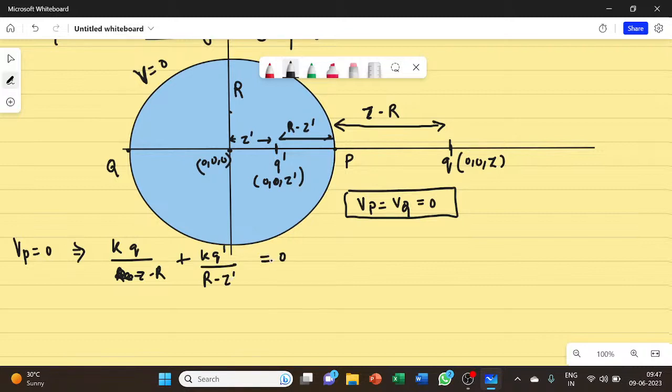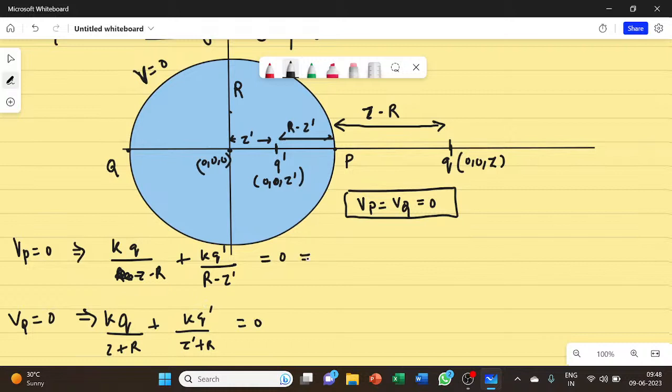This is 1, and this should be equal to 0. And what would be the potential at Q? The potential at Q would be k q divided by z plus r, and then k q dash divided by z dash plus r. From here to here is z dash, and this is r. So overall this would be 0.